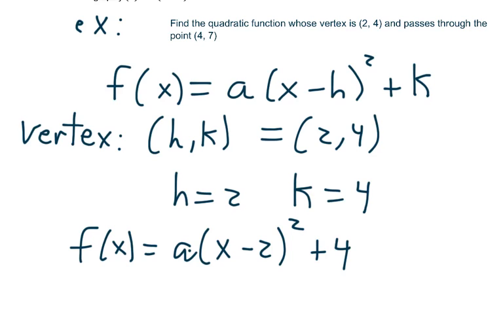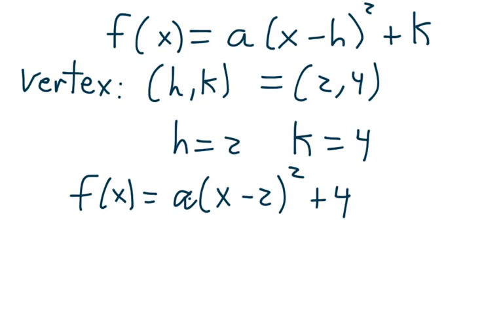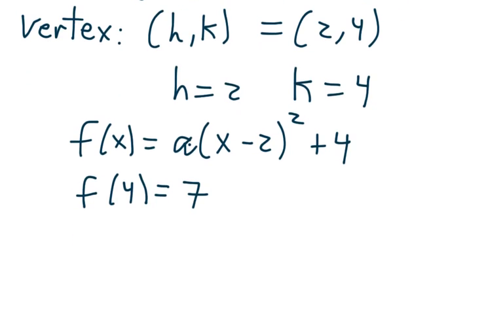Okay, so that's good. How do we get a? We need another point on the graph. But we do know another point on the graph, 4, 7. If the graph passes through the point 4, 7, again, that means f of 4 has to be 7. So we have f of 4 must be 7. Let's use that.